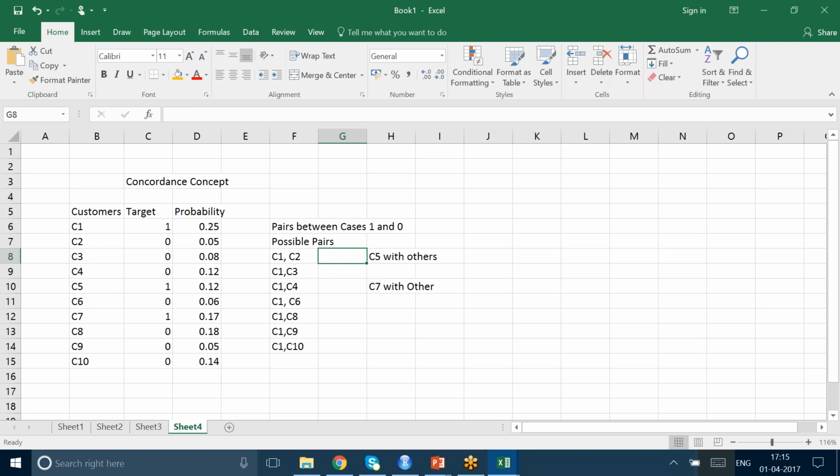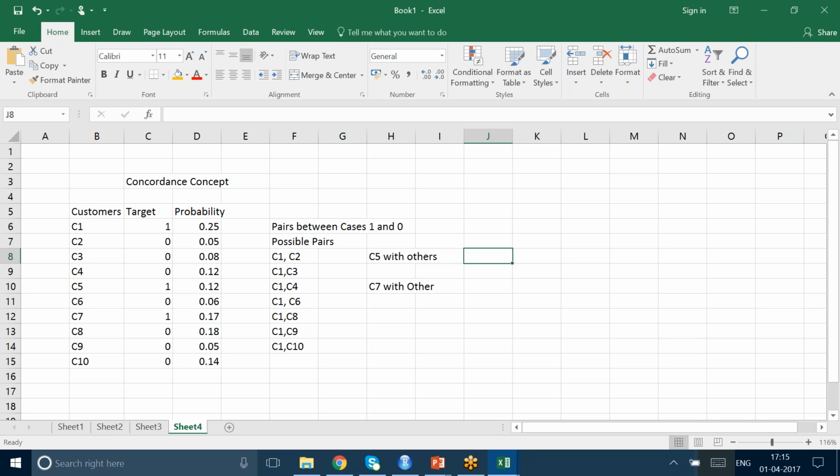Now, if I take the C1 and C2 pair, what is the probability given to C1? 0.25. And what is the probability given to C2? 0.05. Is the probability of C1 more than C2? Yes. In the model, what is our objective? Give high probability to responders and low probability to non-responders.